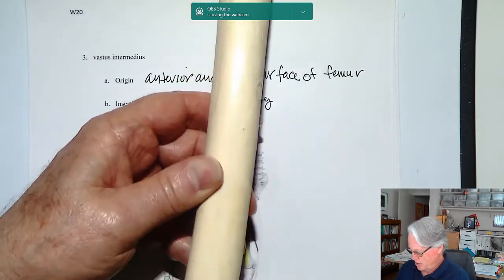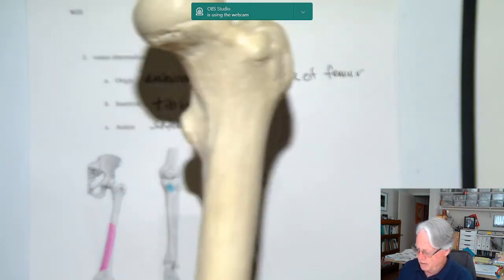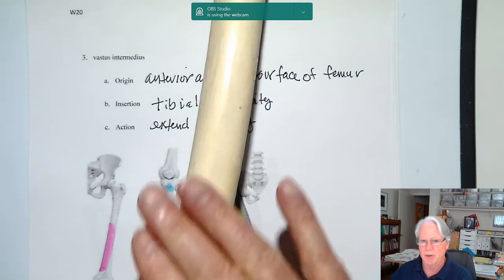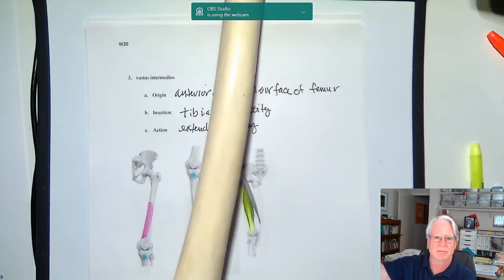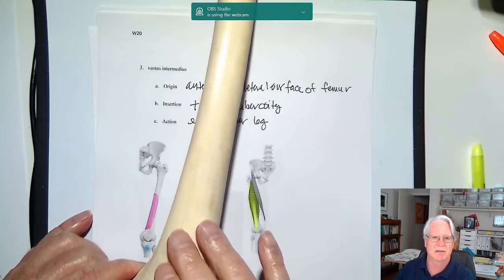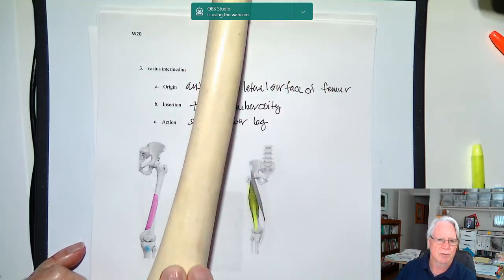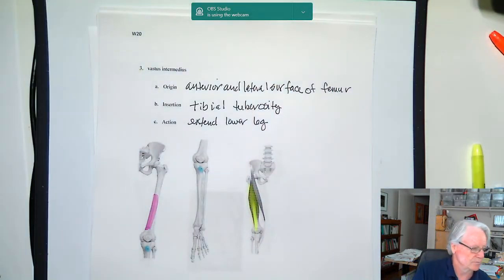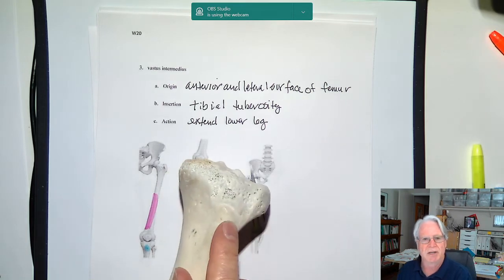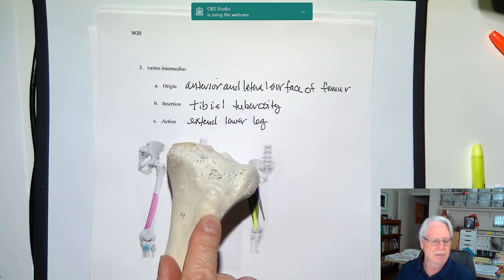And then it comes all the way down. And then the vastus intermedius is this whole surface of the bone. Okay, a little bit hard to see. I can't get a broad enough perspective. But it's this entire region of the bone right there. Okay. And all of those muscles are inserting here on the tibial tuberosity.